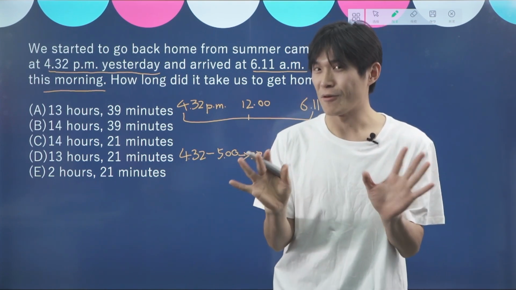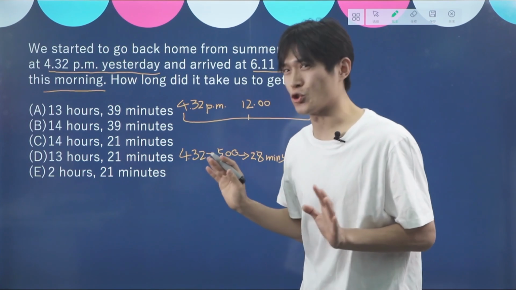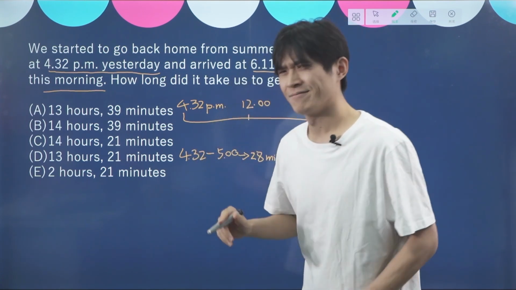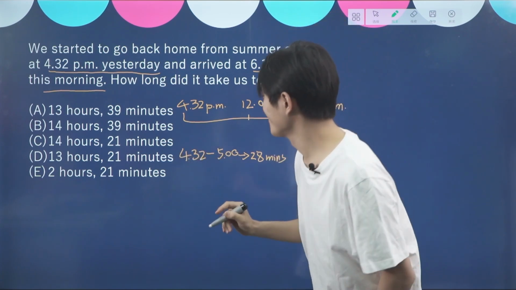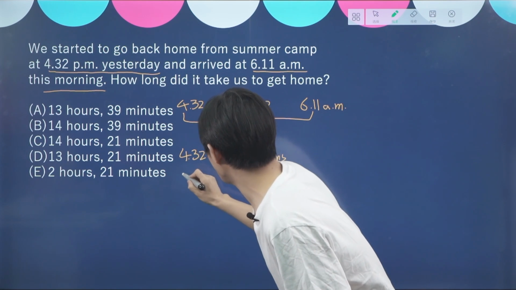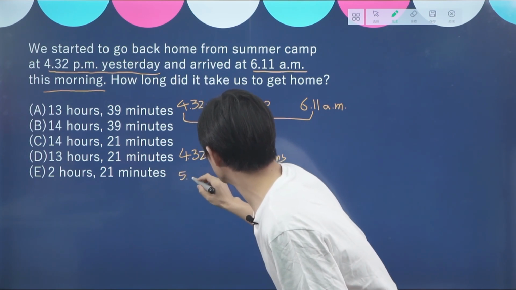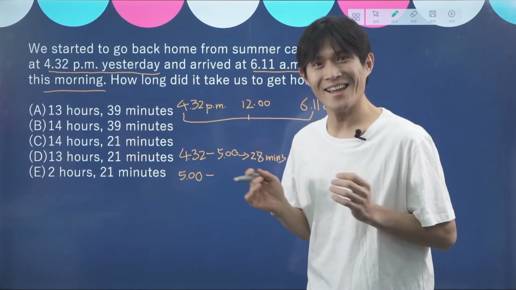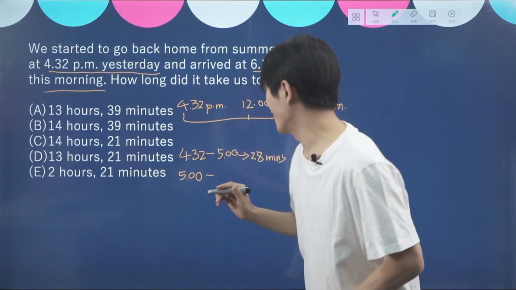And then from 5 p.m. to midnight, 12 o'clock, how many hours are there? 12 minus 5. What is it? It's 7 hours.